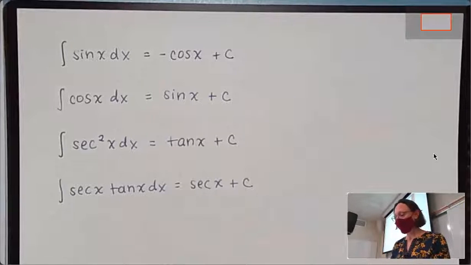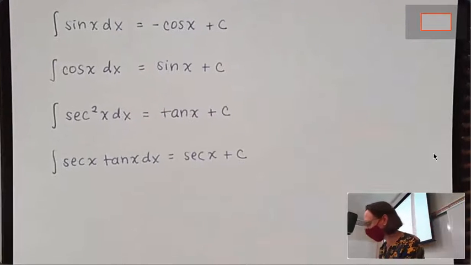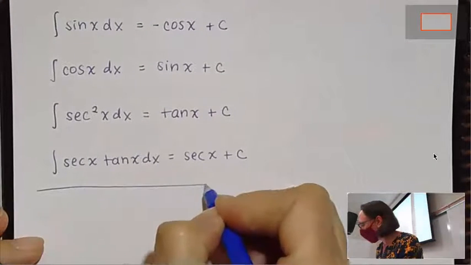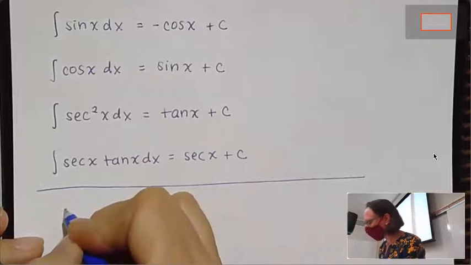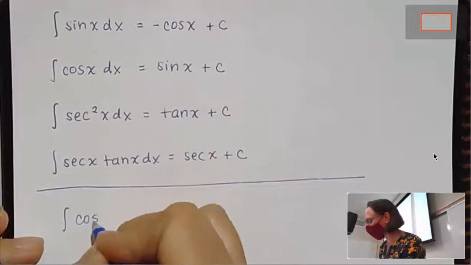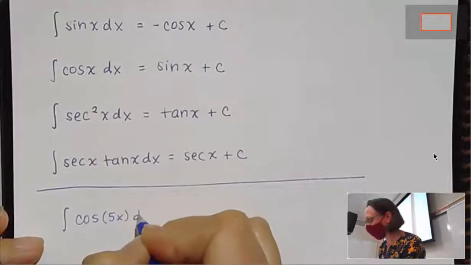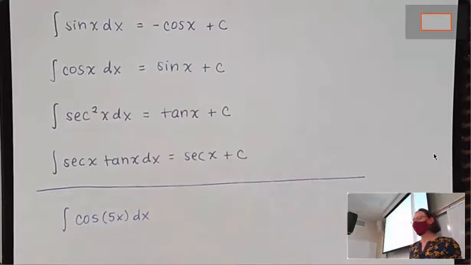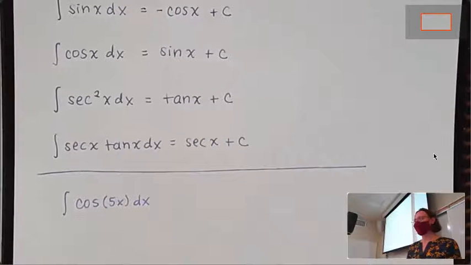Okay, but I want to think about all of these more generally, especially at least thinking about them with a number. What I mean by that is, if I'm looking for the antiderivative of cosine of 5x dx, technically you could do a u substitution on this, but I don't think that it's worth our time.